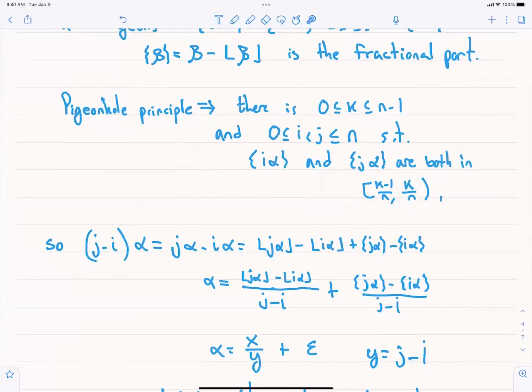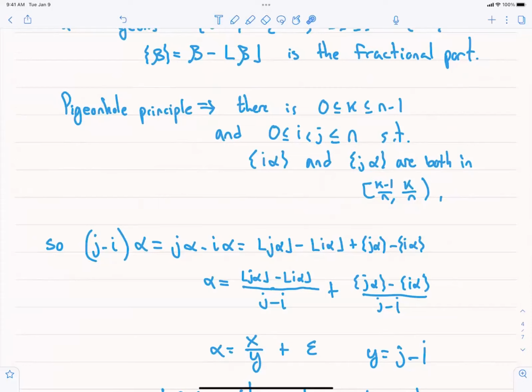Any number is the sum of its integer part and its fractional part, so I'm just expanding that out. Then I get the integer part of j times alpha minus the integer part of i times alpha, plus the fractional part of j times alpha minus the fractional part of i times alpha. This is the part I can control using that these are both in the same interval, and this is an integer.